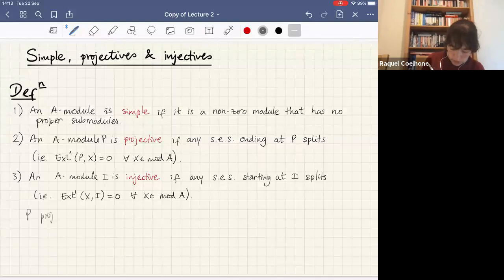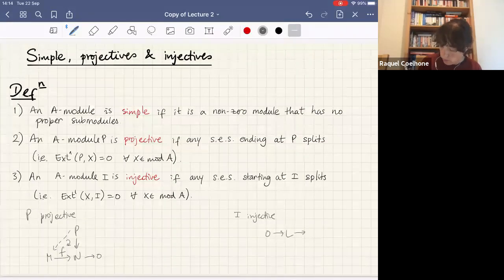So if you have a projective module and you have an epimorphism, which I denote by this, any map from P to the end term factors through the first one. And the same with the dual for injectives.